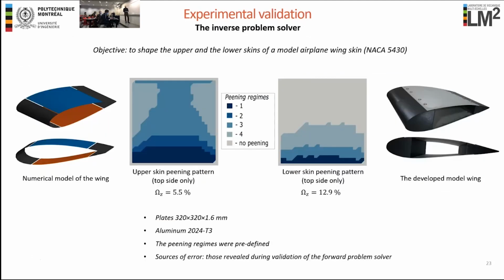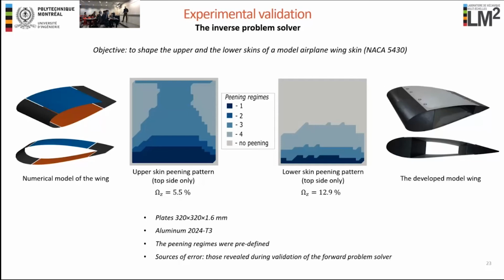Then we decided to validate our inverse problem solver. So in this case, the objective was quite simple. We had a numerical model of an airplane wing skin, and the objective was to shape its upper and lower skins of the wing.